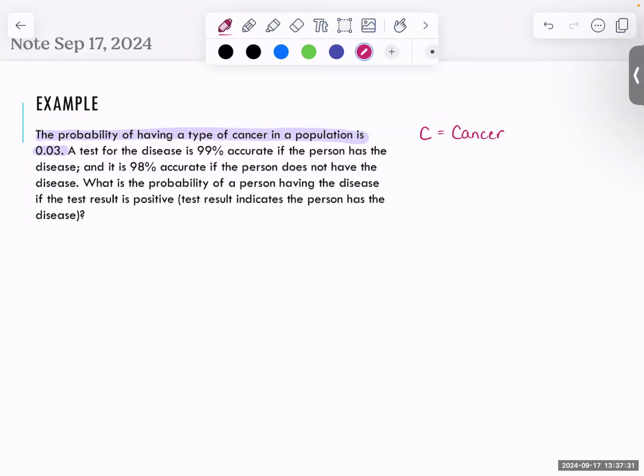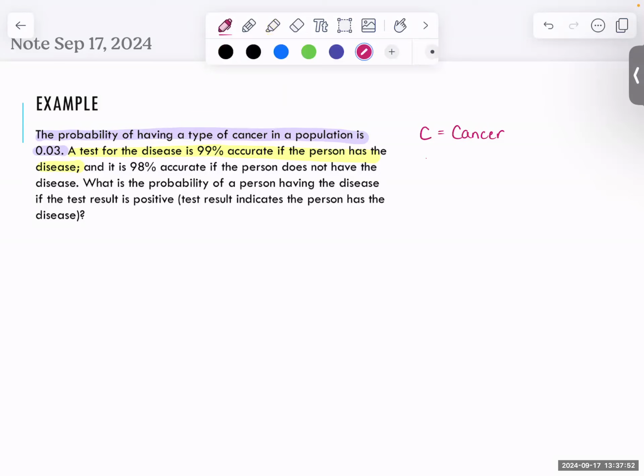What other information do we have? A test for the disease is 99% accurate if the person has the disease. So we're 99% accurate if we actually have the disease. So that would be a conditional probability.